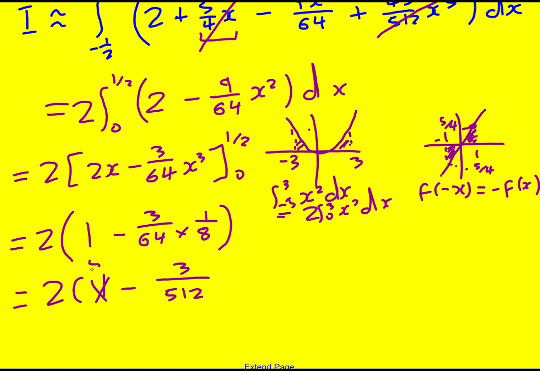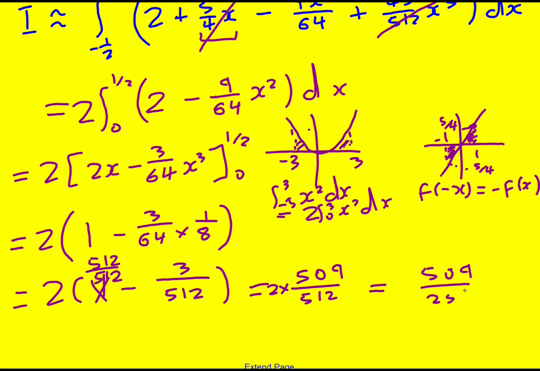This is actually going to be 512 over 512, which is going to give me 509 over 512 when I subtract them, but I still need to times through by 2, which gives me my final answer, 509 over 256.